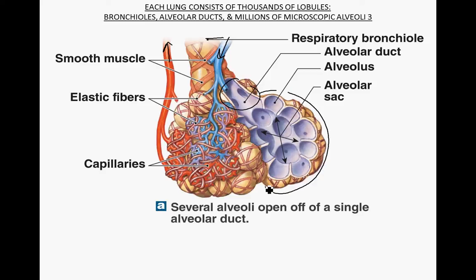This is the alveolar sac. And then the alveolus itself is singular, alveoli is plural. So these little lobed structures here, or these circular structures here, are not flat. So this is to increase the surface area.